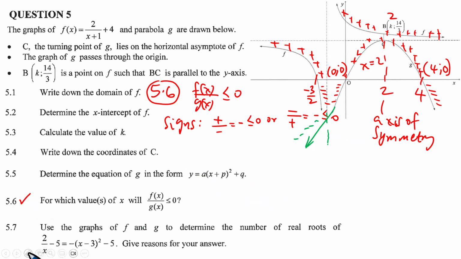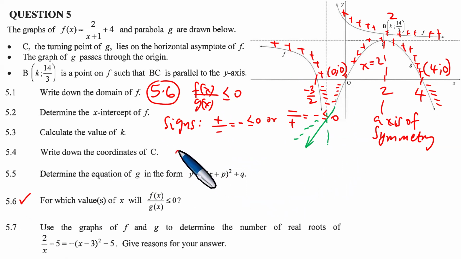We're going to state the answer as follows. We have the part where the functions have opposite signs. One is positive and the other is negative. So it's positive here and negative there. That is clearly seen, for example, at this point. This one is positive and this one is negative.